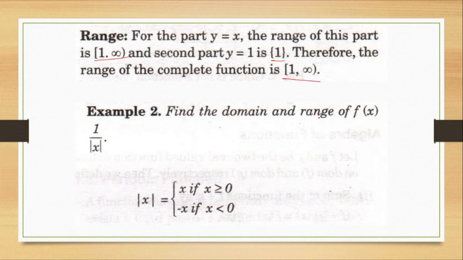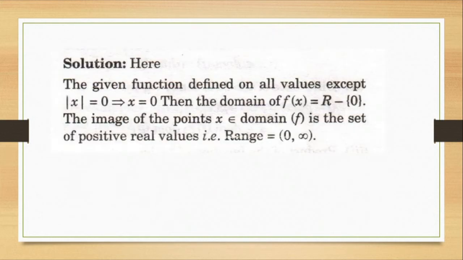So find the domain and range of f of x as 1 by mod of x. So mod x is defined as x if x is greater than or equal to 0, or minus x if x is less than 0. So the solution: the given function is defined for all values except mod of x equal to 0, which implies x equal to 0.